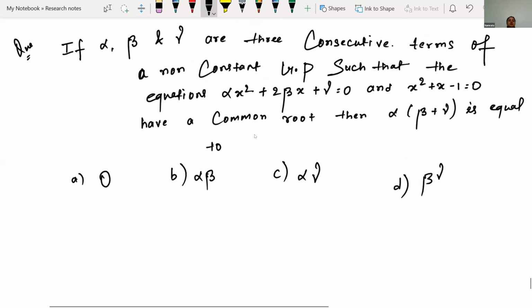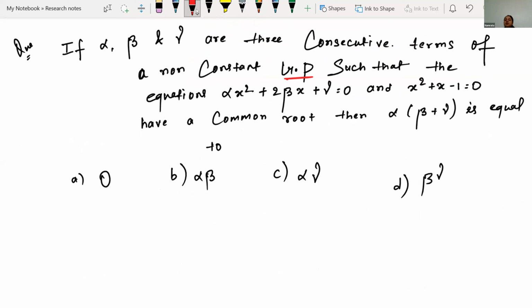As you can see on the screen, alpha, beta, gamma are three roots of the equation. Okay, so let's read the question carefully and try to do it. The question says that alpha, beta, gamma are three consecutive terms of a non-constant GP, meaning geometric progression.